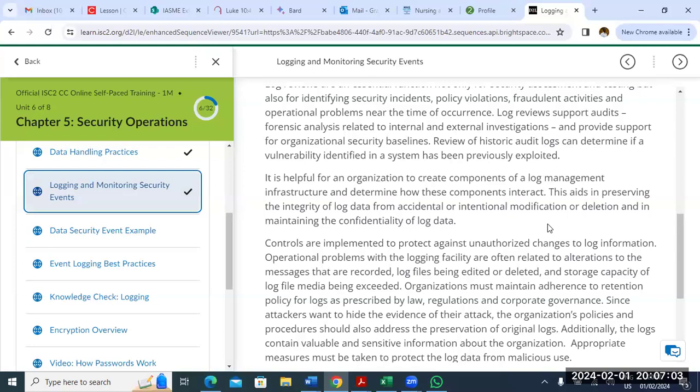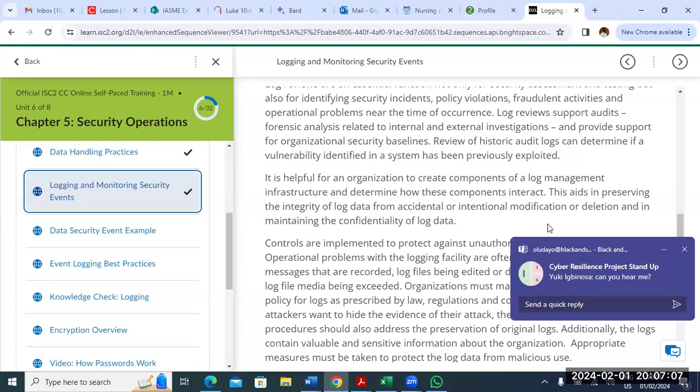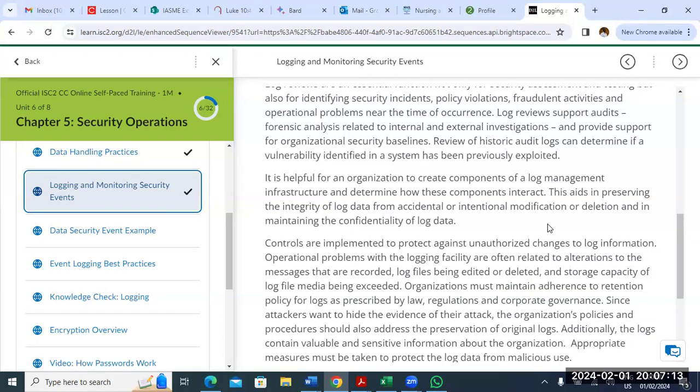So the device on its own has the log, but the log will be transferred from the device to the central location where all these things will be kept. So they will be transferred to a central location so that even if you are losing the information on the primary device, the secondary device will be a backup. So that's also part of the controls that we are having these days. Controls are implemented to protect against unauthorized changes to log information.